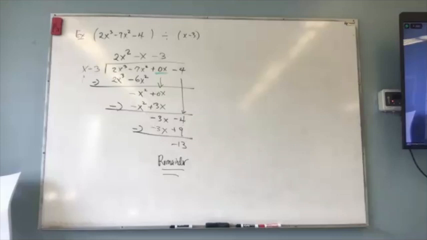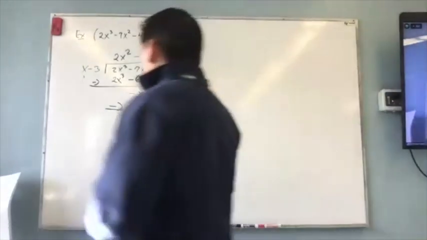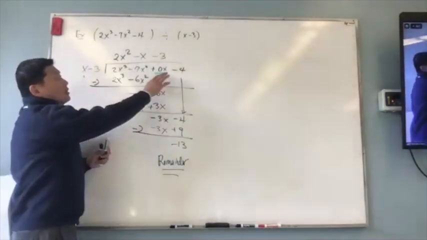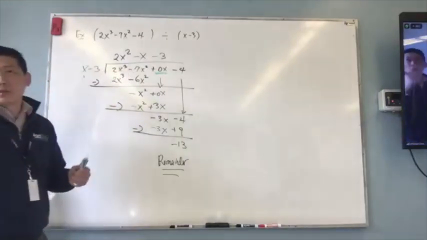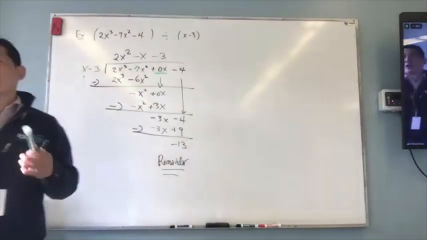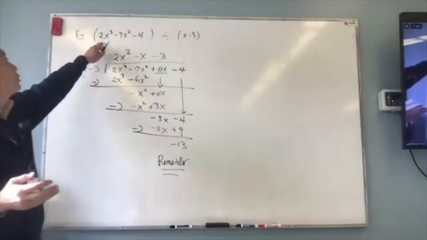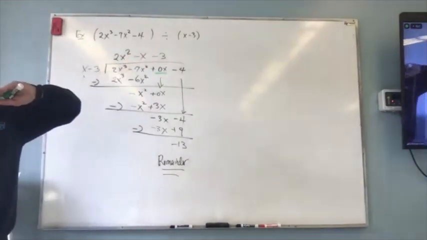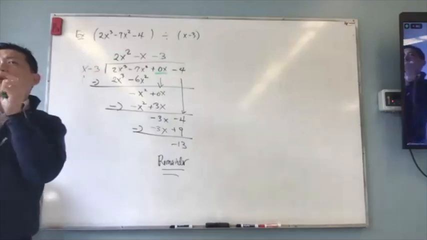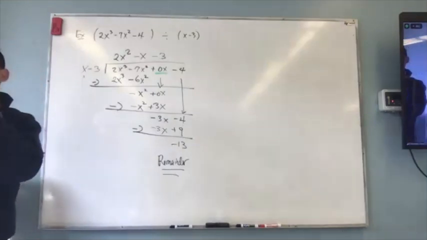Question. You should put 0x if there's no regular x. Yep. For anything, if you have a gap. Now, this is really important. One question asked is, if somehow there's other terms missing, do you also put 0? For example, if you go from 2x cubed minus 7x minus 4 with no squared term, then you would put 0x squared.